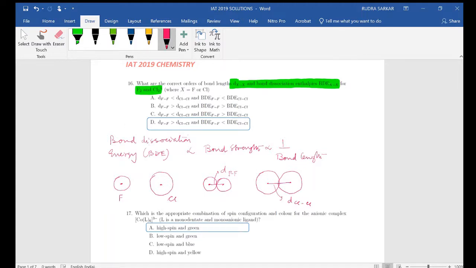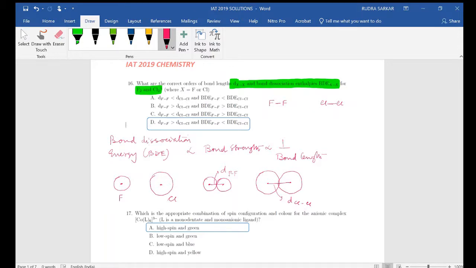Over here we have to consider the repulsions between the lone pairs. So suppose this is the ClCl bond to begin with, and this is the FF.